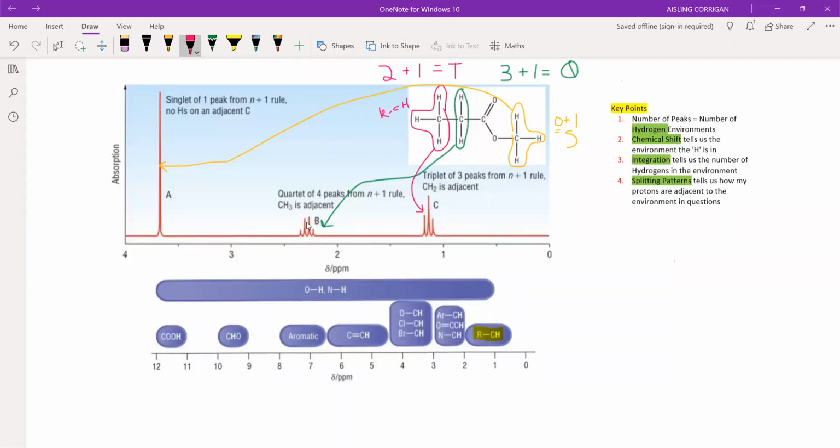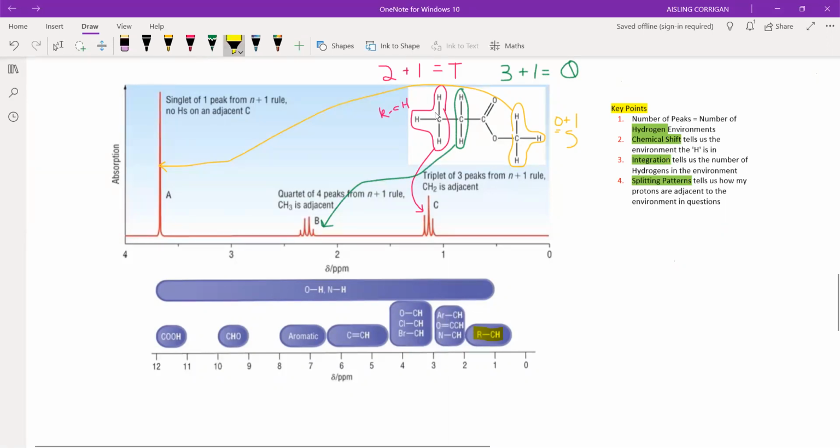Now, if I look at the next peak over here, I can see that it's produced by this environment. And if I look at the figure, it's around 2.34-ish. So if I go down here, I can see that I've got an N attached to a CH, a double bond CO, CCH, and an argon to a CH.